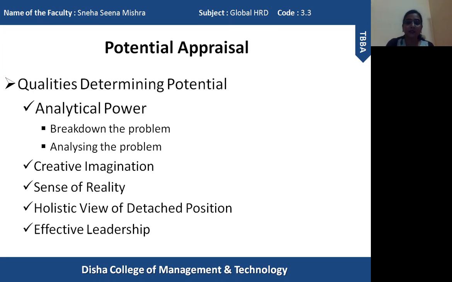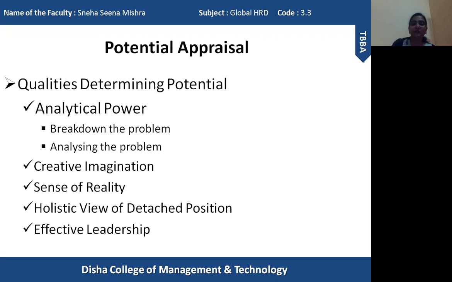So in order to determine to what extent a person has higher analytical power or lower analytical power, that can be determined by two elements: breaking down of the problem and analyzing the problem. So first of all, whenever a problem is given to a particular employee or any kind of difficult situation, the first thing which is needed to be done is breaking down of the problem.